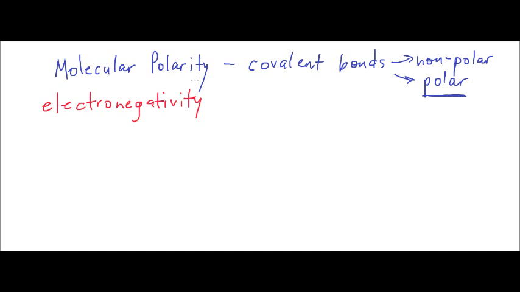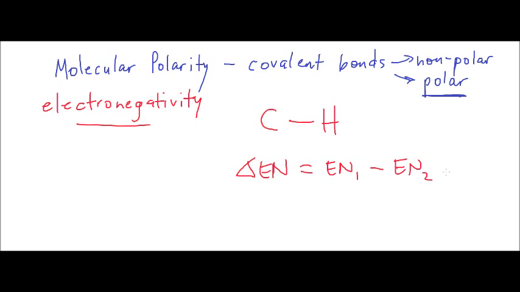So if we had two atoms that are sharing electrons, let's take, for example, carbon. We know carbon will share with something like hydrogen. So that sharing of the electrons, right? If we are able to find this electronegativity, or should we say the change in electronegativity, where we take the electronegativity number of one of them and subtract the electronegativity of the second one, we end up finding out within what range.